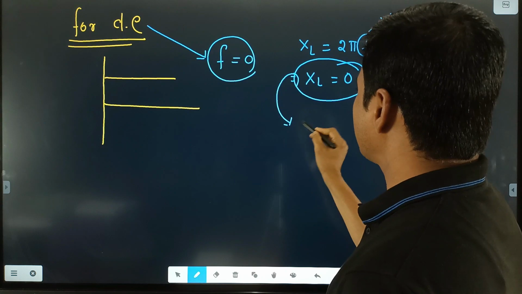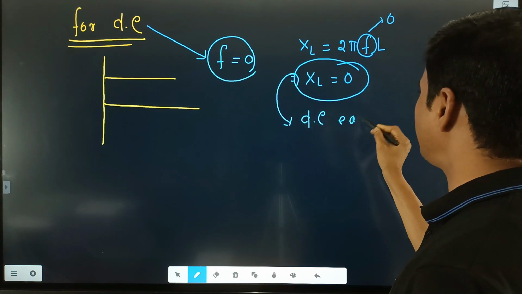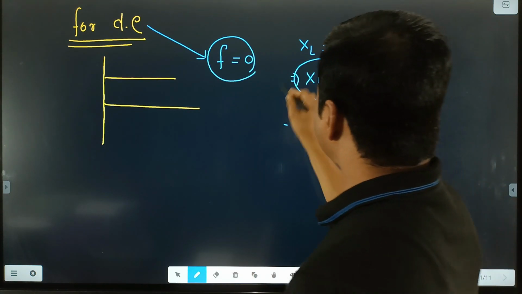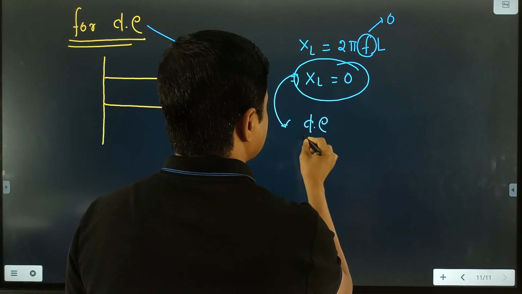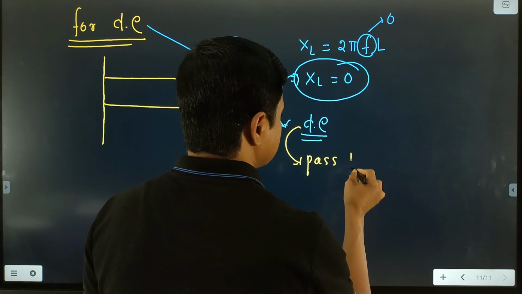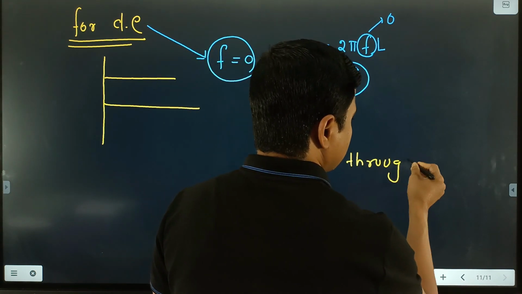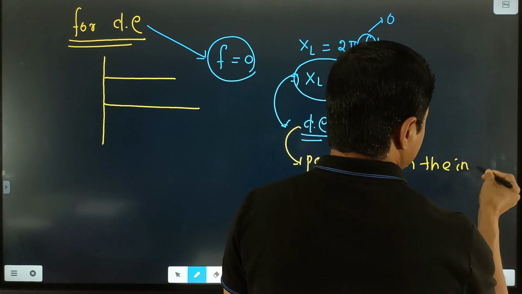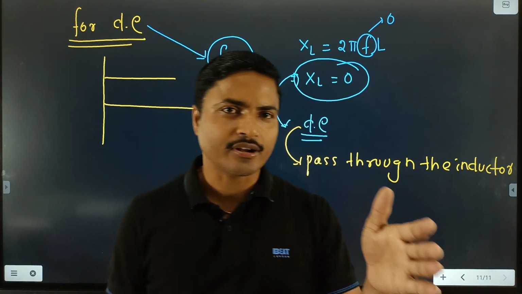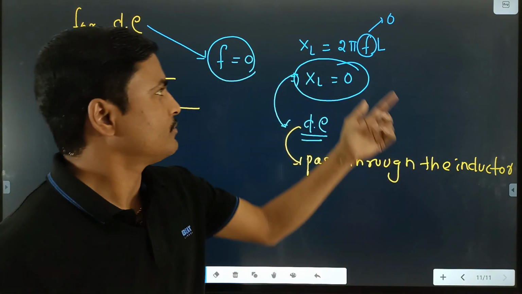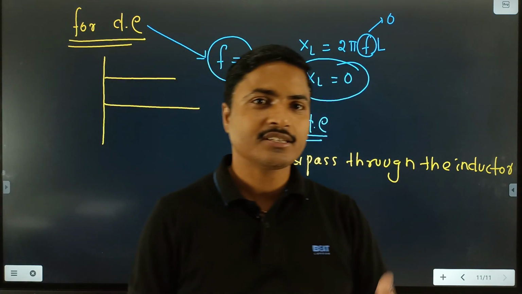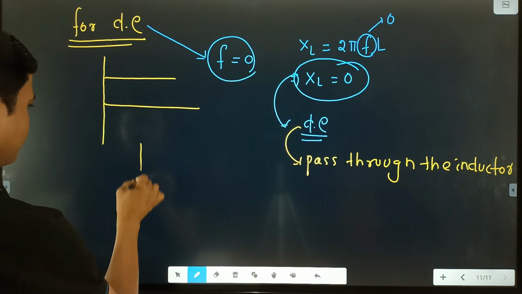That means direct current easily passes through the inductor. Clear? Direct current easily passes through the inductor because F is 0, so opposition effort or inductive reactance is 0.